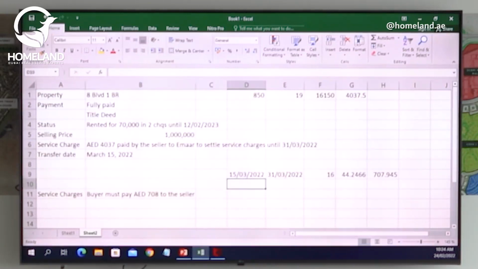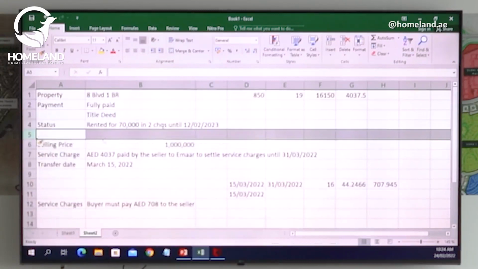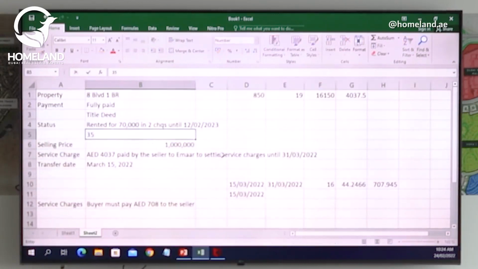What about the rent? Today transfer is what? The transfer is 15th March. The check has been paid. The rental is until 12 of Feb. 35,000, let's say for example, this was in 2 checks, 2 equal checks. 35,000 was paid in Feb 2022 and 35k was given to the landlord dated 12 of August, right?